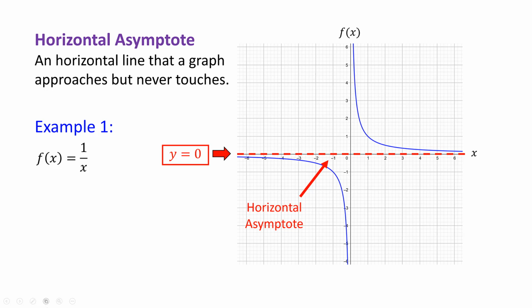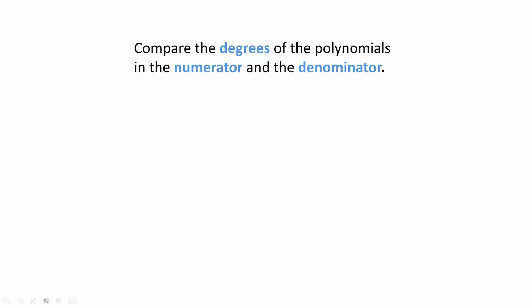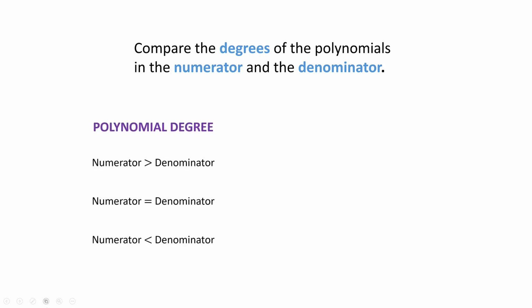Now let's see how to determine the horizontal asymptote when we have the function. What we first have to do is to compare the degrees of the polynomials in the numerator and in the denominator. And then once we know the degrees, we need to check which one is larger than the other. If the degree of the numerator is greater than the one of the denominator, that means that it doesn't have an asymptote.